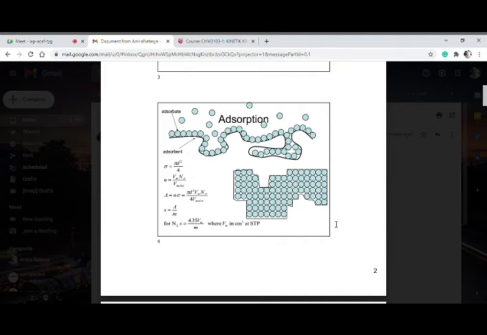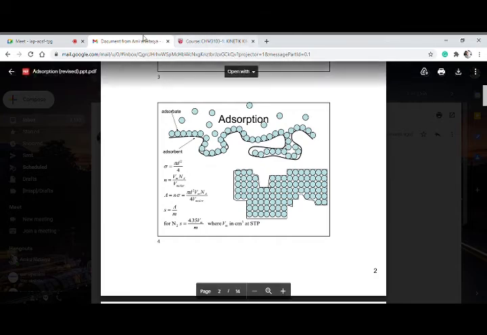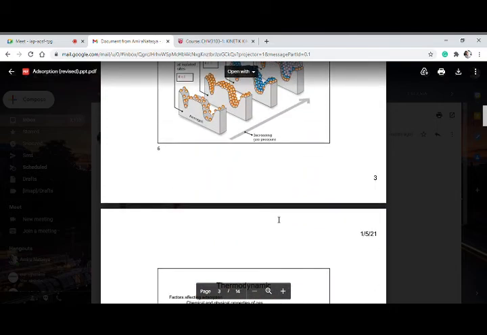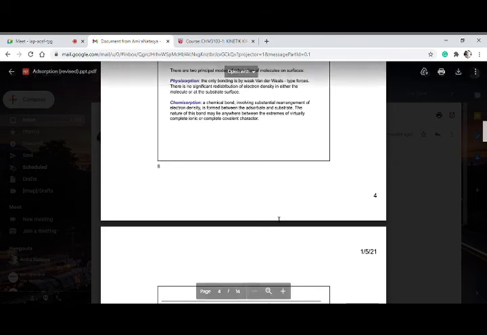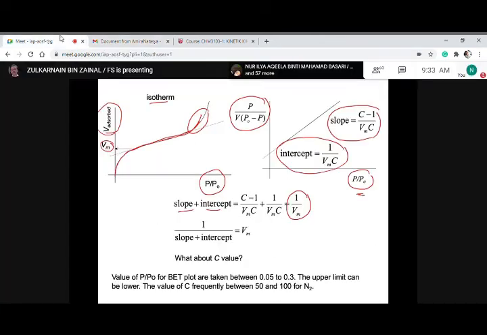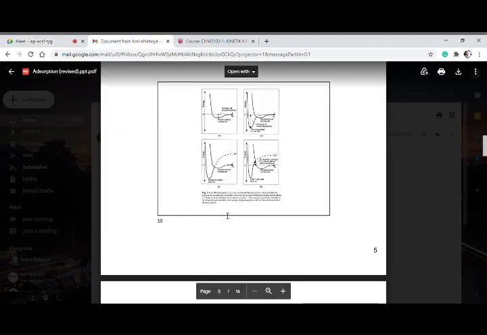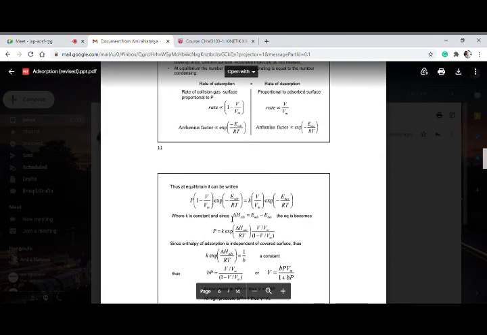and the intercept as 1 over VmC, right? So slope plus intercept will give you 1 over Vm. Meaning that you have to use slope and intercept together to get the Vm value, because for the calculation of the surface area, you are interested in getting the Vm value.